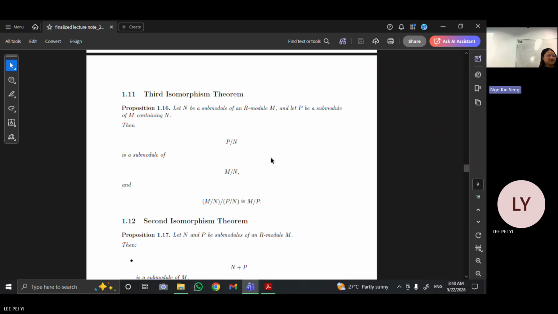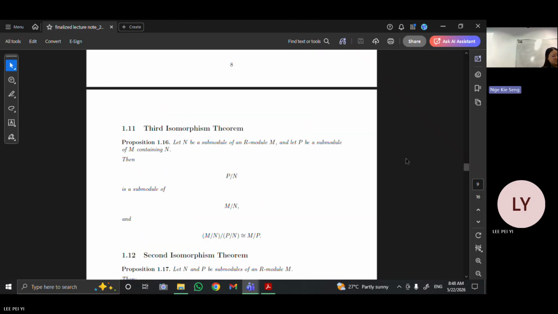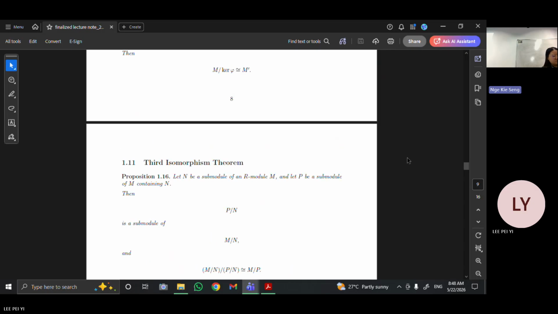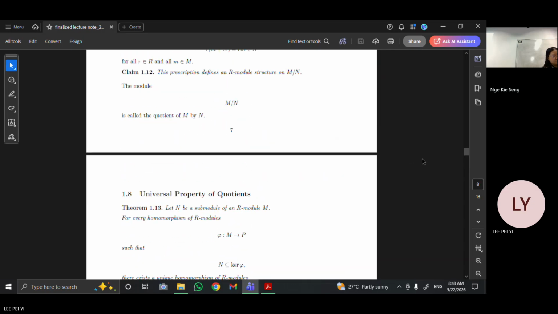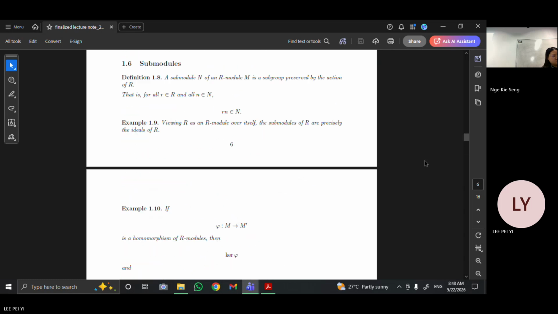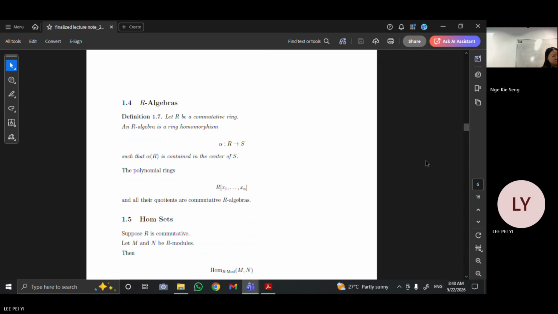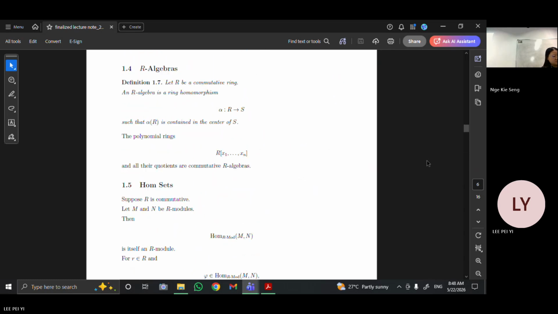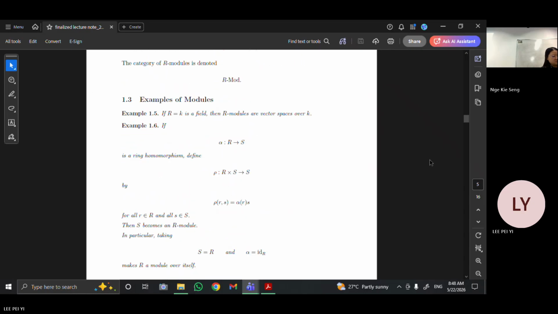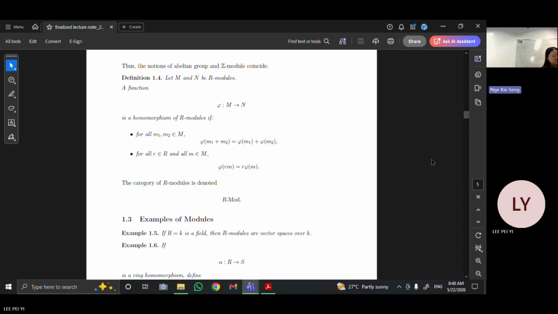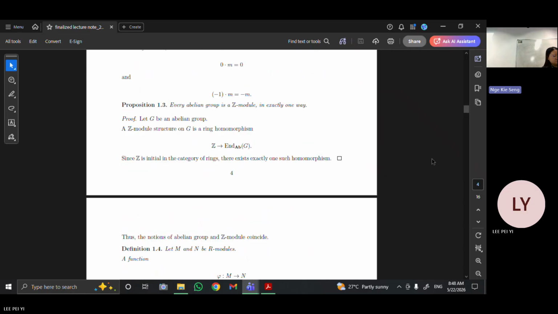I think I remember you mentioned something about vector spaces. It's very similar to linear maps. Category, maybe before category.